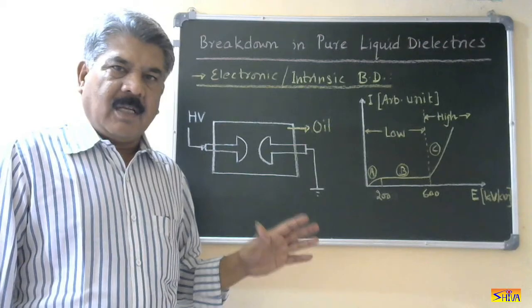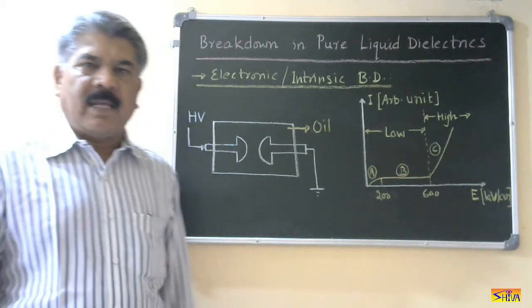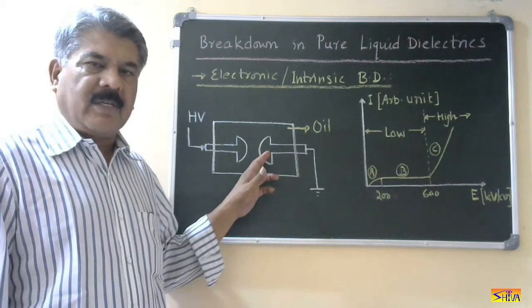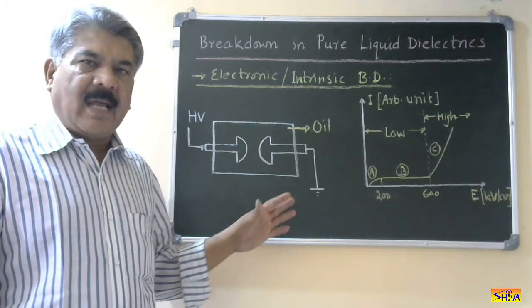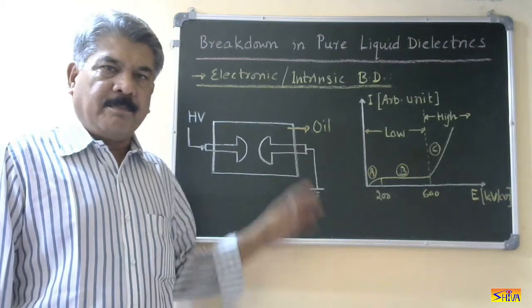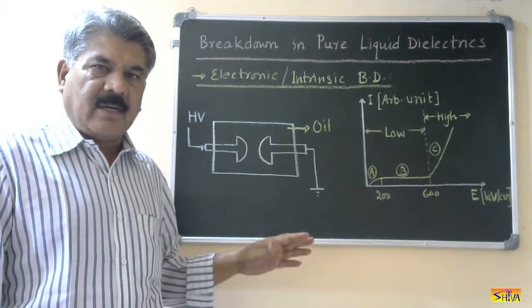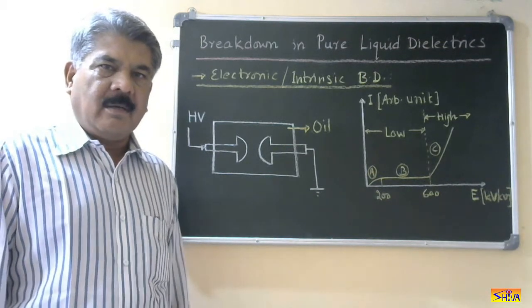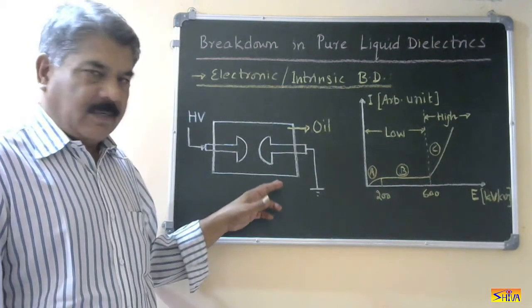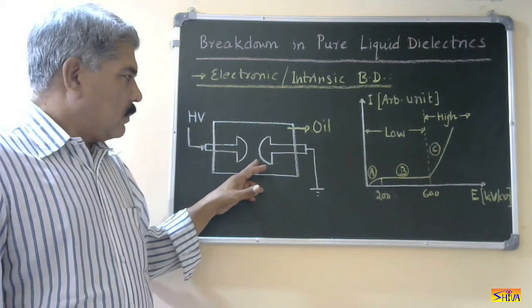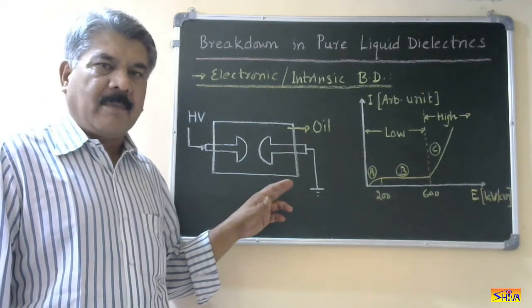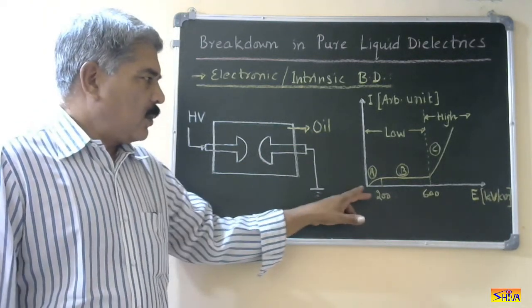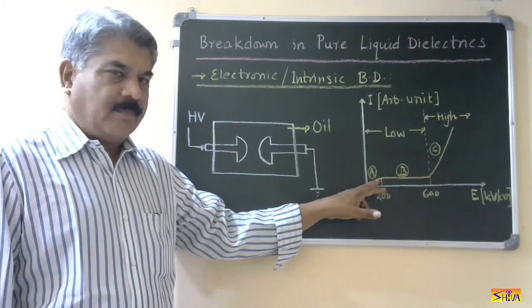If their kinetic energy is more than the ionization potential of the liquid dielectric molecules, then the liquid dielectric molecule will break and form an additional electron and a corresponding positive ion. So this is almost the same as Townsend's primary ionization process. Due to that, the current is increasing.